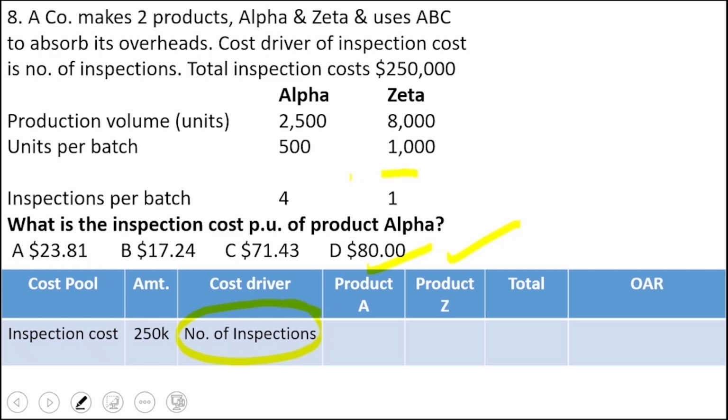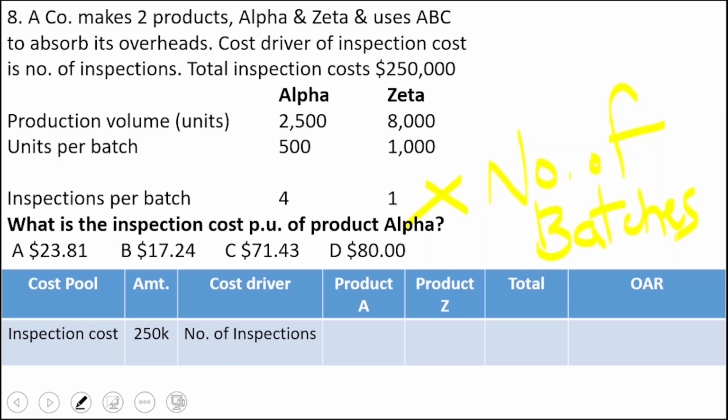No. It is only the inspections per batch which has been given. So in order to find out the number of inspections, we have to multiply the inspections per batch by the number of batches. Correct?